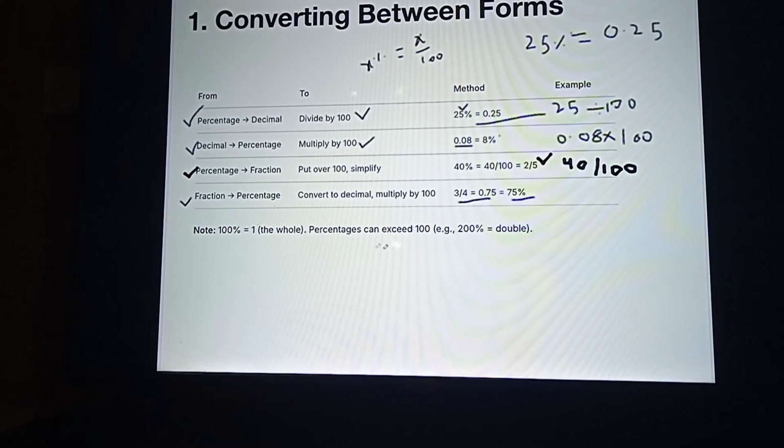Now 100% means whole, overall. 50% means half, 100% means complete, and 200% means double. If your salary becomes 200%, it means it doubled.